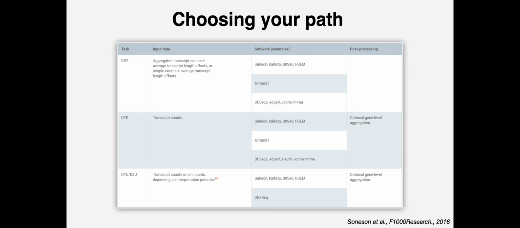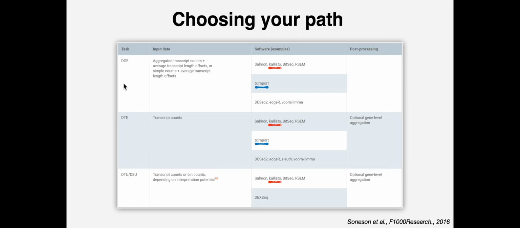All right, so then how do you think about the appropriate method for carrying out DGE, DTE, and DTU? This table, also from Soneson, summarizes, at least in 2016, and I think this is still largely true, the state of the art for approaching these analyses.